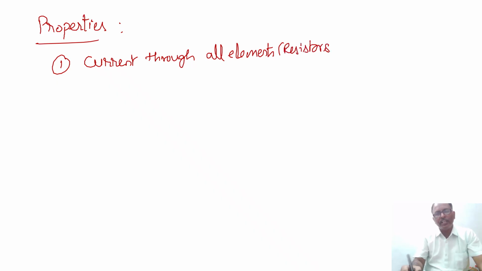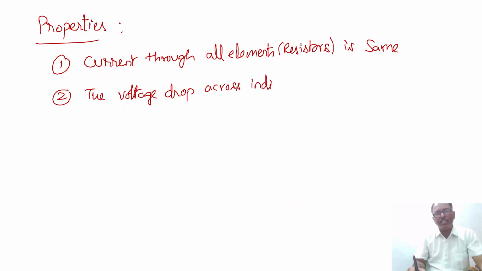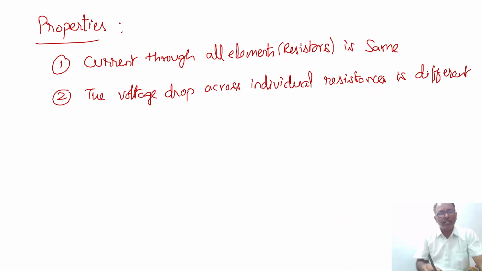Generally we connect resistors in series circuits for DC circuits, so the current through all resistors is the same, and the voltage drop across individual resistances is different, and the equivalent resistance or total series resistance is given by the sum of individual resistances.